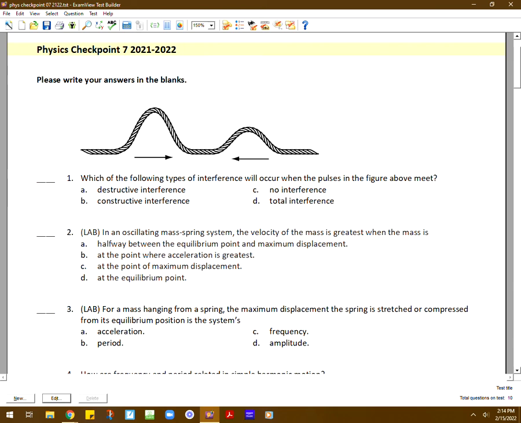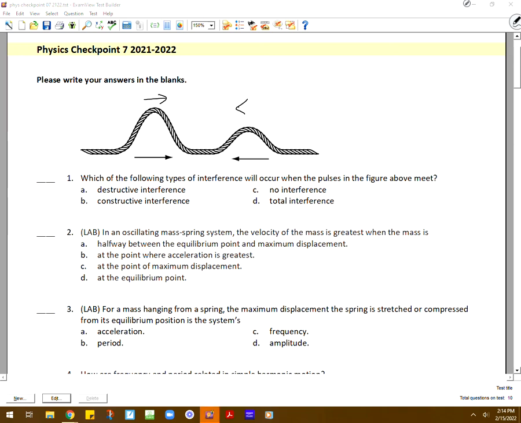Which of the following types of interference will occur when the pulse is in the figure above me? We did the thing out in the hall with the slinky. When this wave and this wave come together, at some point, probably around right here, they are going to move through each other, but as they do, they combine their heights, so they build on each other and then continue on.